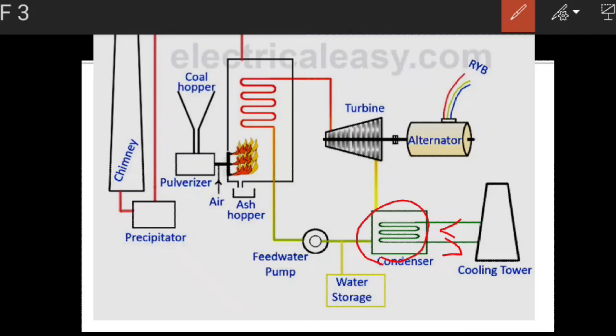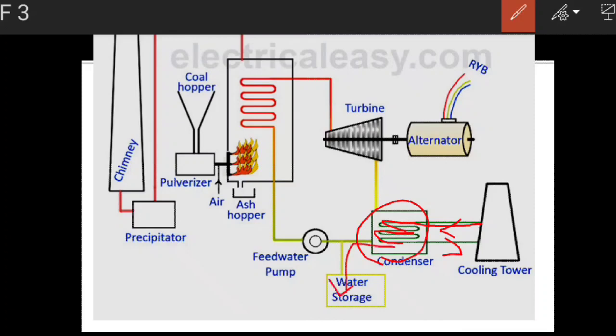From the cooling tower, cold water enters into the turbine condenser. It absorbs the heat of the hot vapor. Because of the absorption of heat, the vapor gets condensed, converts into liquid and is sent to the water storage.